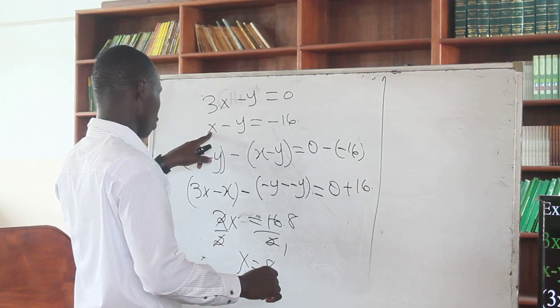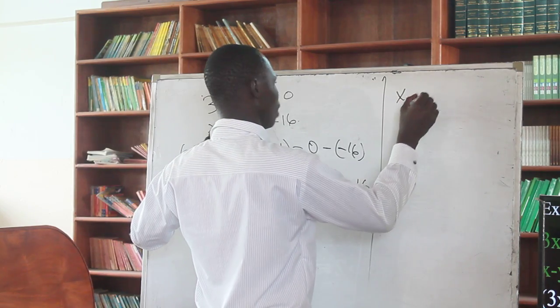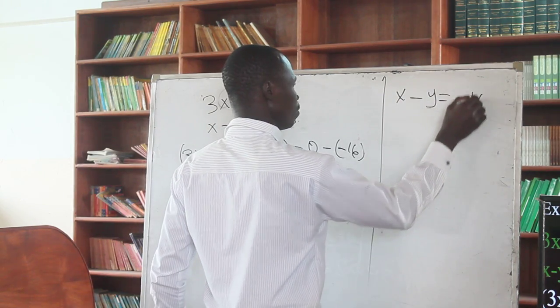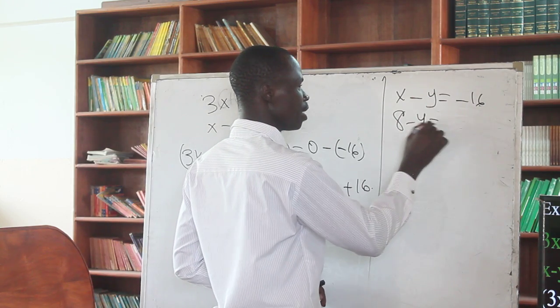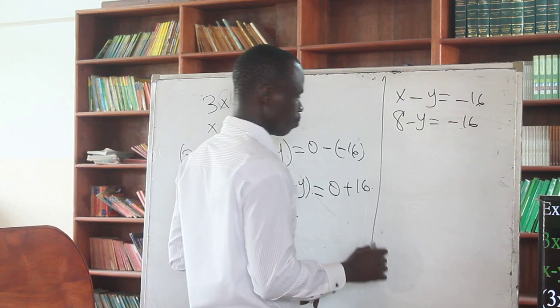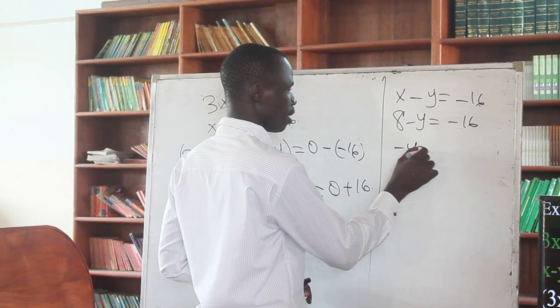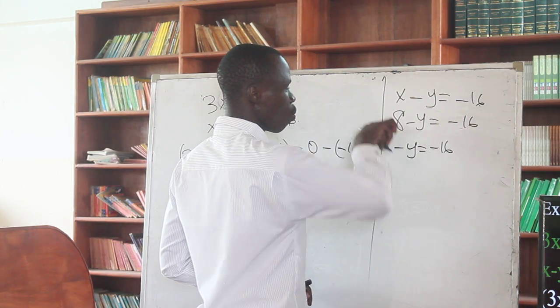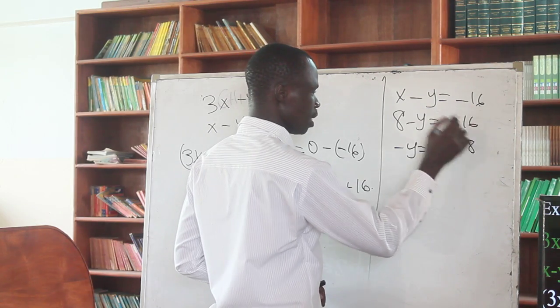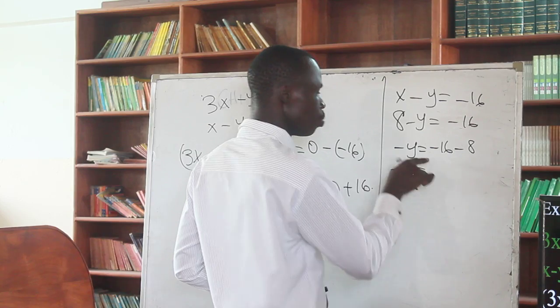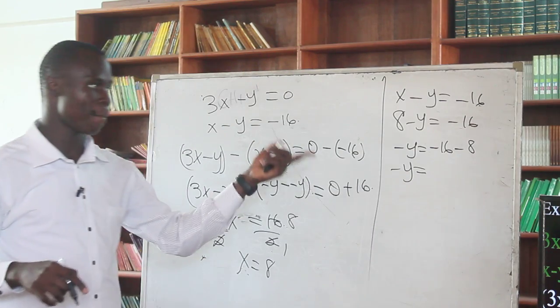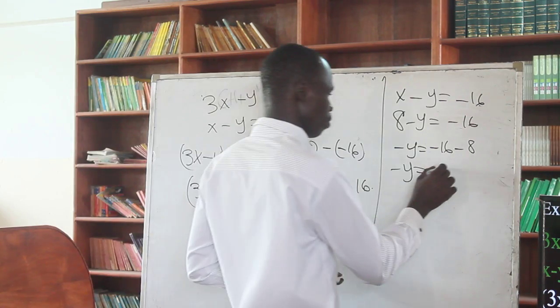Then we take the second one, x minus y is equal to negative 16. Our x is 8, so 8 minus y is equal to negative 16. So negative y is equal to negative 16 minus 8, which becomes negative 24.